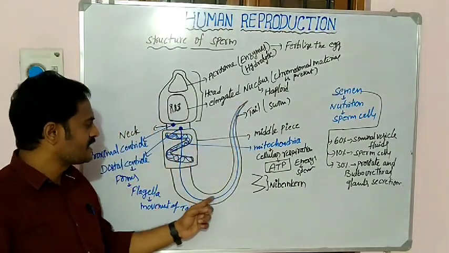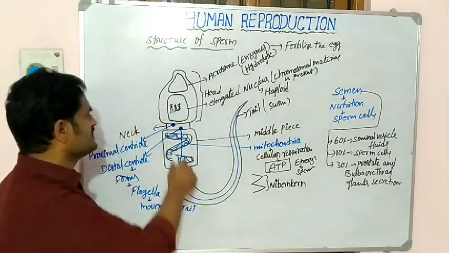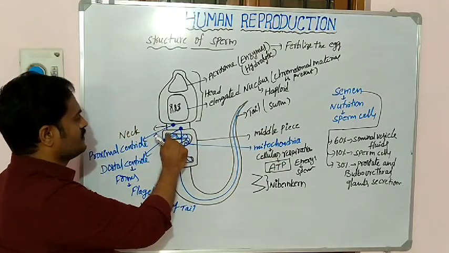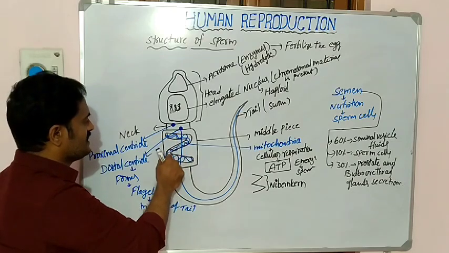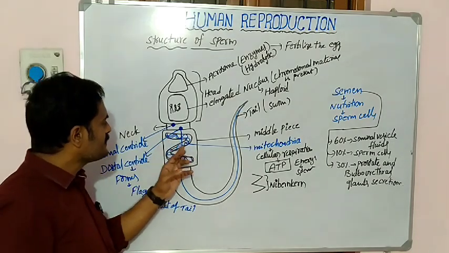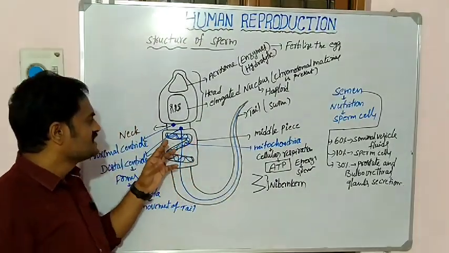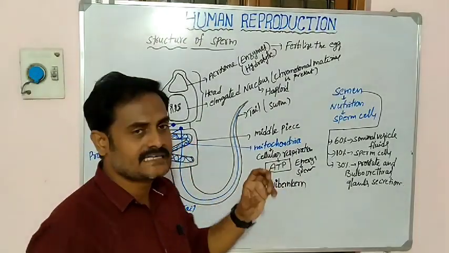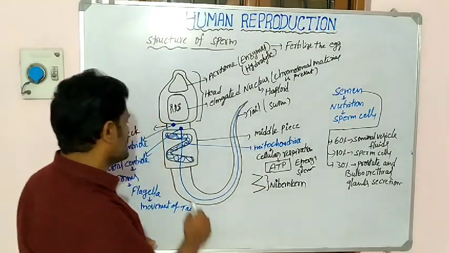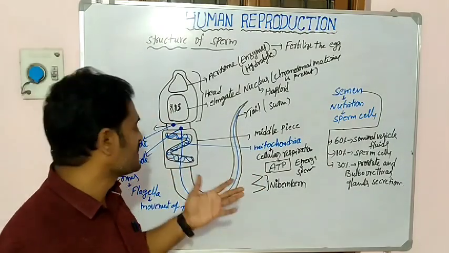This flagella helps in giving movement to the tail. Then the middle piece consists of a special arrangement of mitochondria, called the Nebenkern arrangement. The mitochondria also provide nutrition, energy.